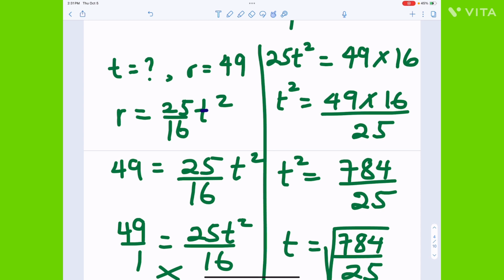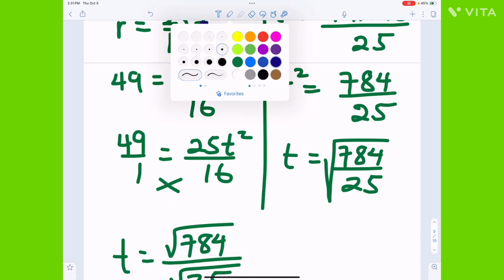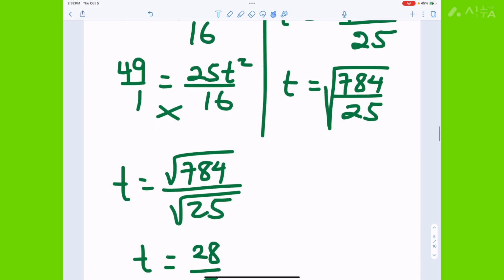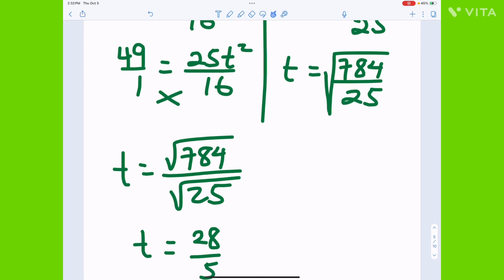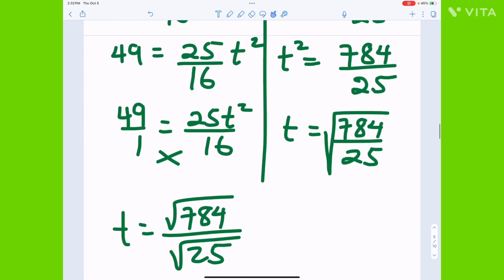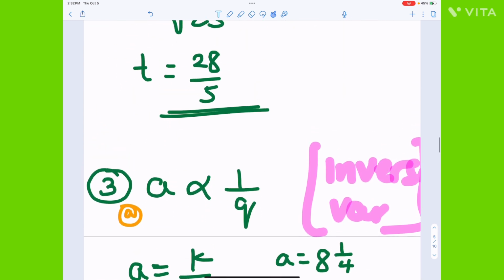When you simplify, 49 over 1 is equal to 25t squared over 16. That tells you 25t squared is equal to 49 times 16. So you simplify, find the square root of both sides. Then you get t is the square root of 784 over 25, and you get 28 over 5.